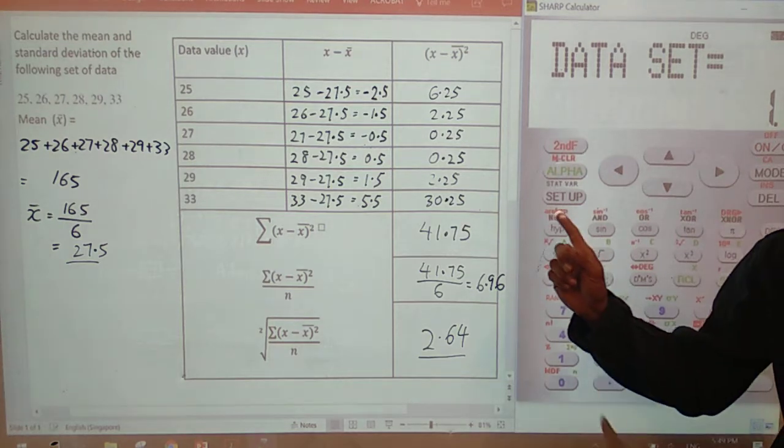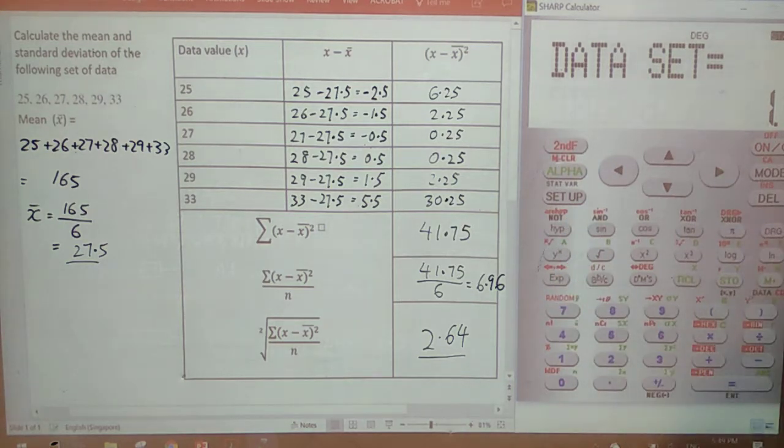Next, we put in 26. Click the M plus button and it becomes stored as the second piece of data in the data set. And then it's 27. And then it's 28.